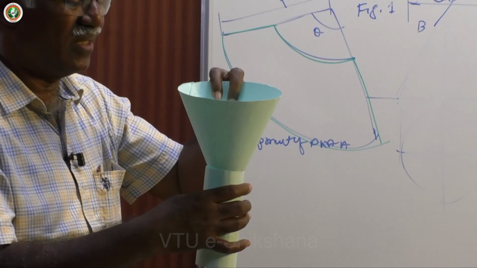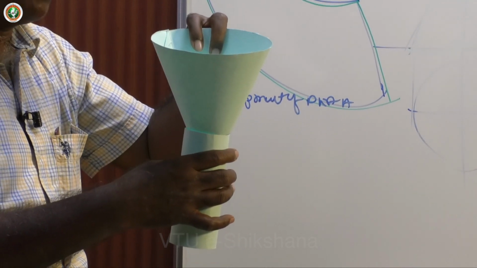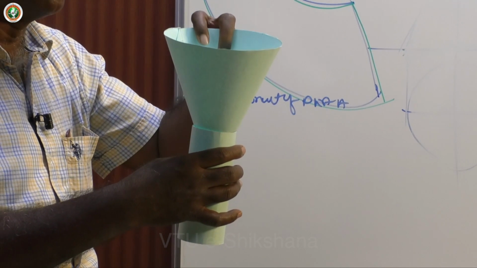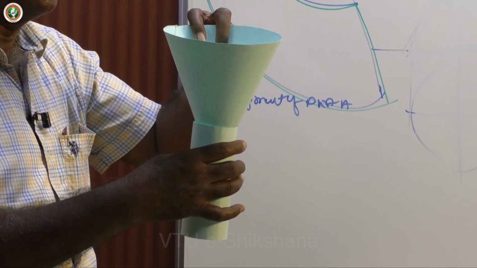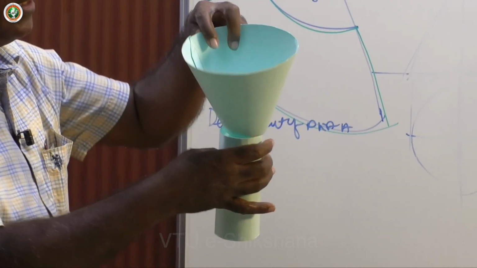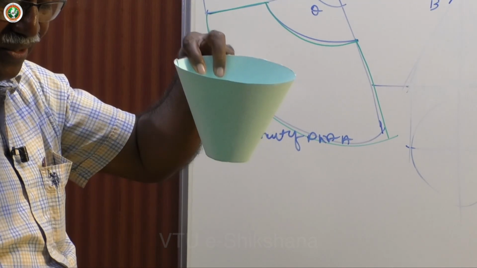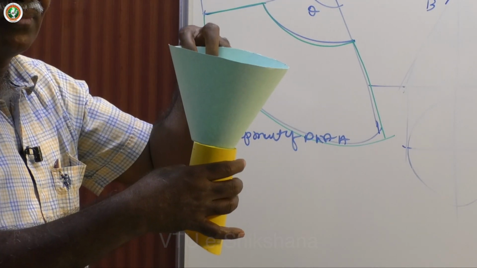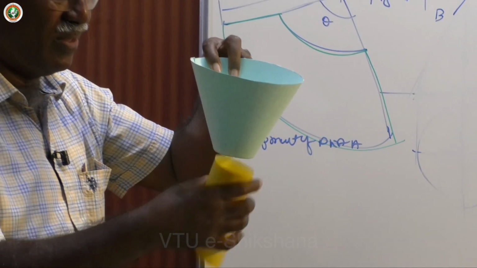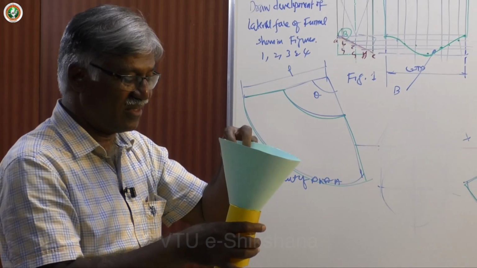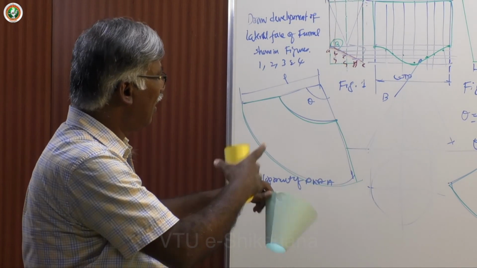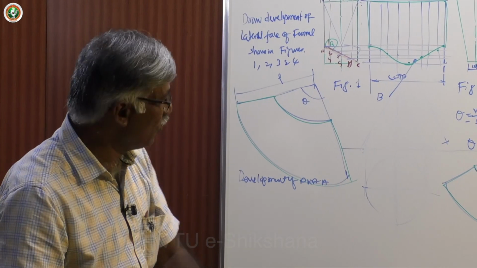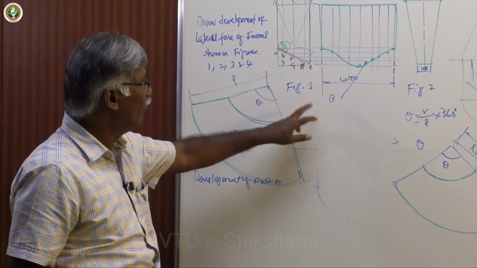Normally for sheet metal, soldering or some other method is used. Normally it is soldering. So this is how you get the funnel, type 1 and type 2. The truncation may be in either direction, this direction or this direction, that depends. So this is how you get part 1.